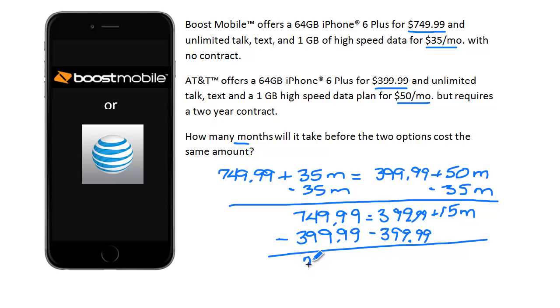So our answer is 350 here. No need for a calculator. And 15m. So one more step to our equation. We want to get the m by itself, and it's being multiplied by 15. We divide both sides by 15.